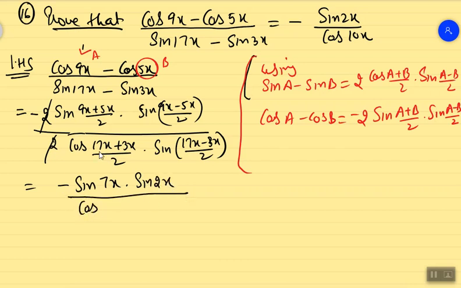Cos (17 plus 3) by 2 is 10x. 17 minus 3 is 14, 14 by 2 is sin 7x. Now with the red pen I am doing the cancellation.